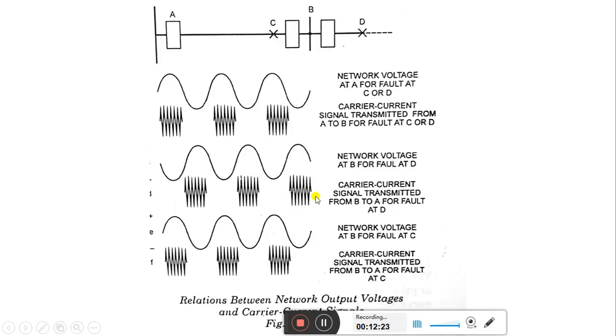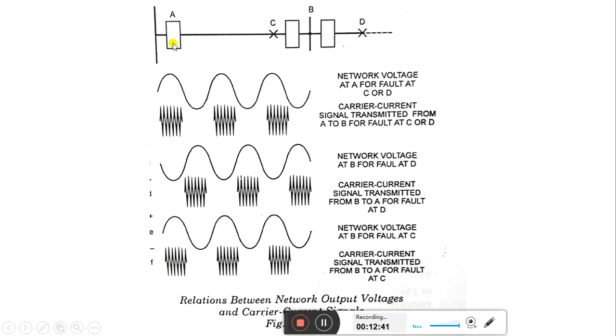So let us go into the next slide. These are the signal responses which have been shown here for protection of the transmission line with the carrier current protection scheme.